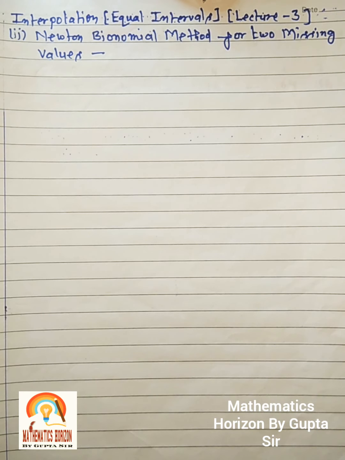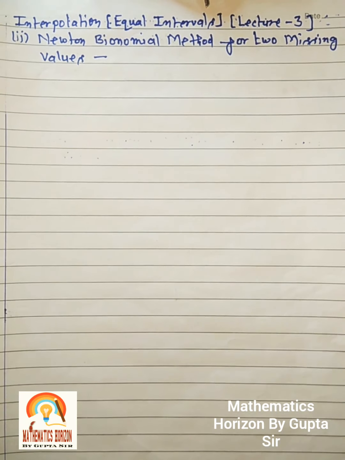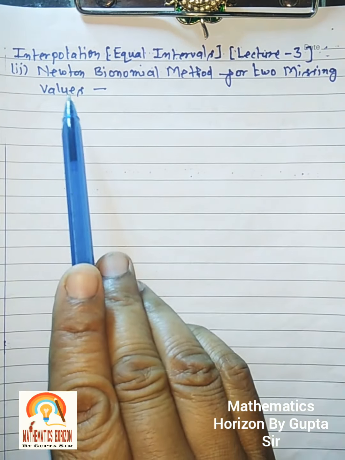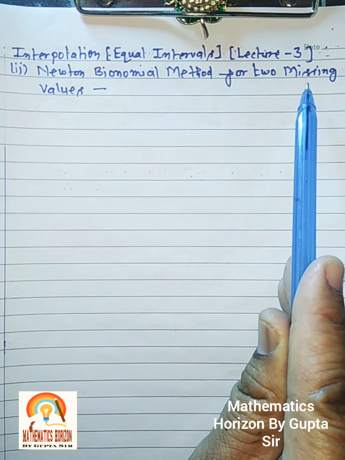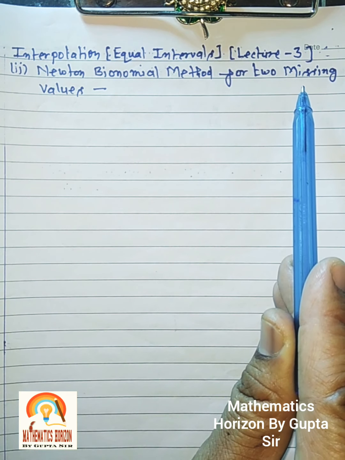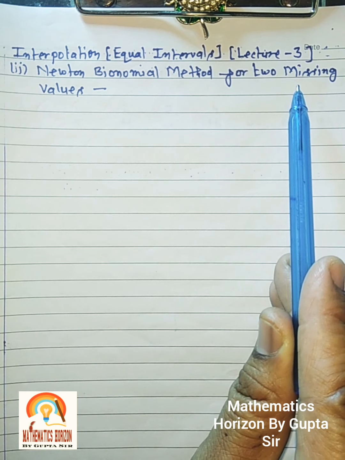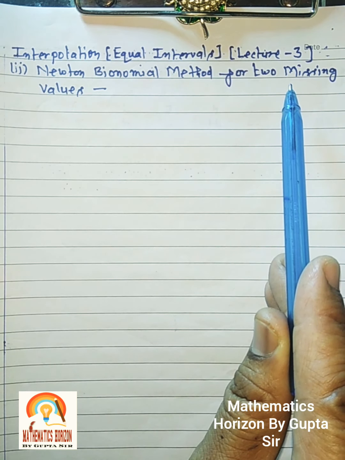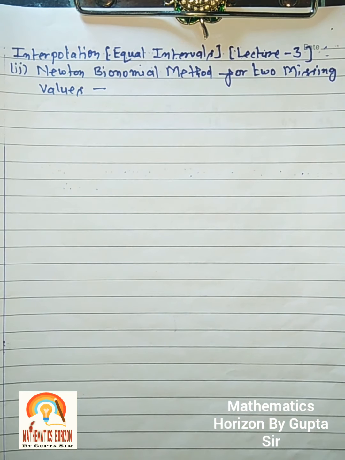This is the third lecture on interpolation for equal intervals. Now we will discuss here Newton binomial method for two missing values. If two values are missing, then how will we find the missing values by using Newton binomial method? Okay.